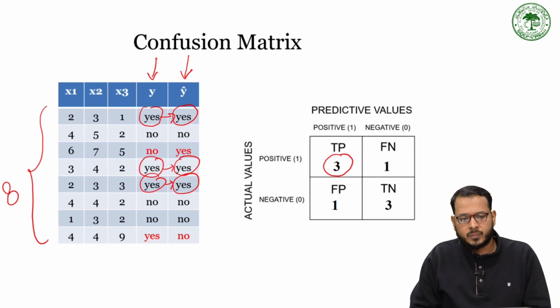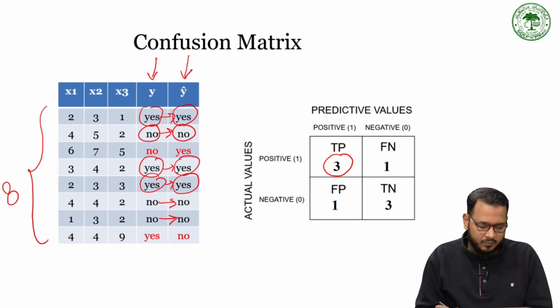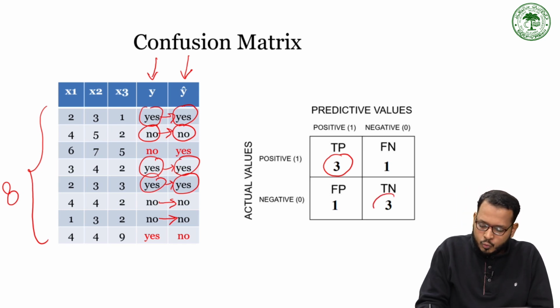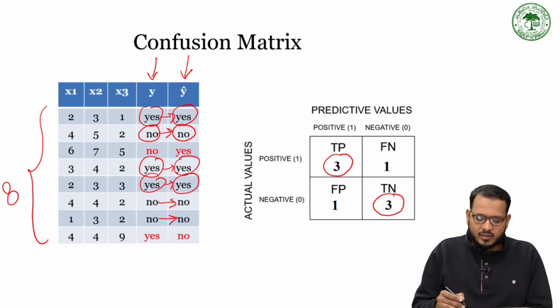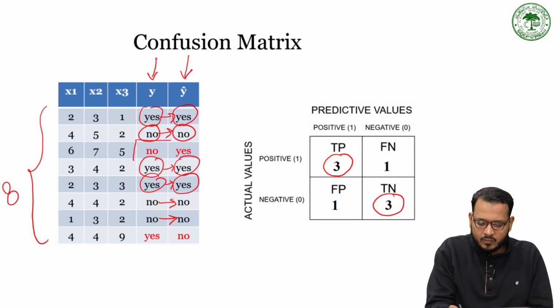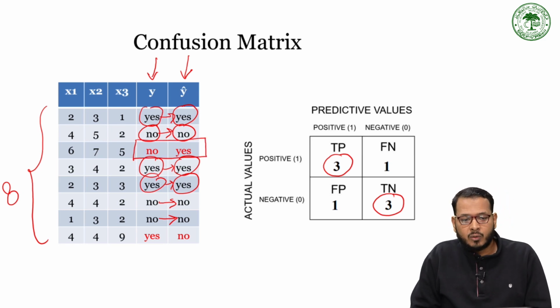Once again, true positive means that the actual value was positive and the algorithm also predicted positive. On the other hand, we have 3 true negatives also, where the actual value was negative and the algorithm also predicted negative. On the other hand, we have one instance, this specific instance, where the actual value was no, but the algorithm falsely predicted positive.